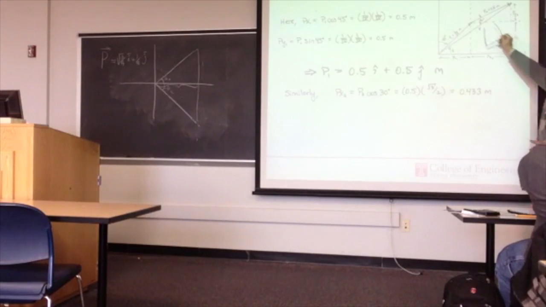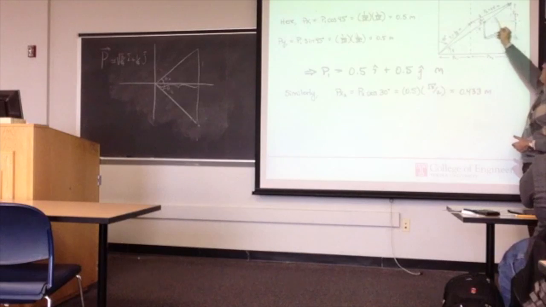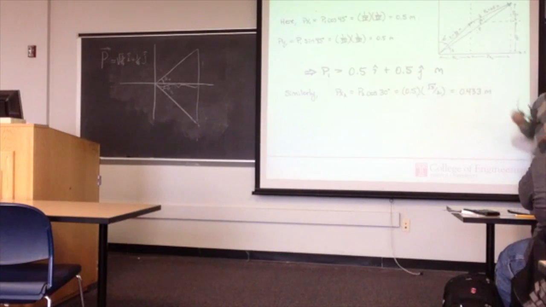This distance is the same as that distance, right? And if that is 30, where do we get 30 degrees from? Is it a 30, 60, 90 triangle? Where do you get the 30 degrees? Isn't it from that triangle with the hypotenuse of 1.5 meters?